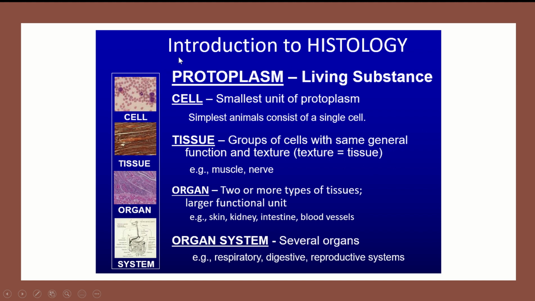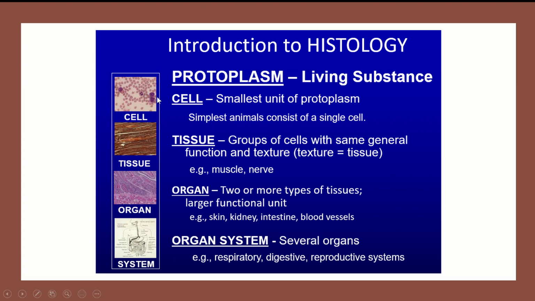Protoplasm is the term that we use for any living substance. That is a definition we do need you to know. It's super straightforward, but people tend to forget it just because it is so straightforward.